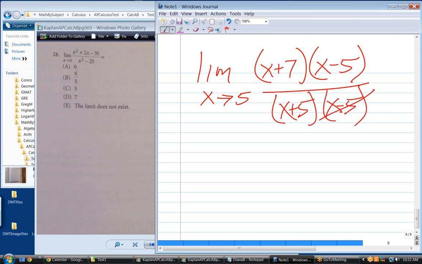Now we can cancel that with that, and now substitute. What do you get? 12 over 10. Or 6/5. And that's the way most limit problems go, is that you can factor them into a state where it's no longer 0 over 0.